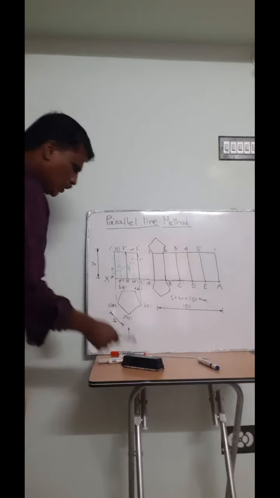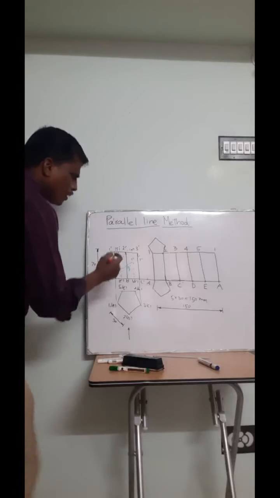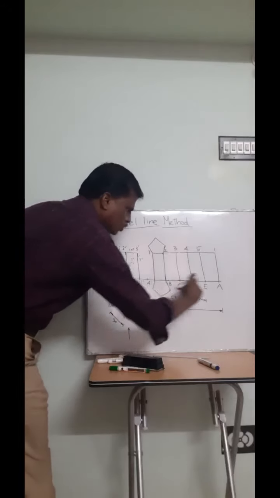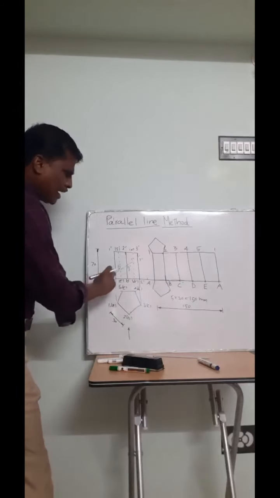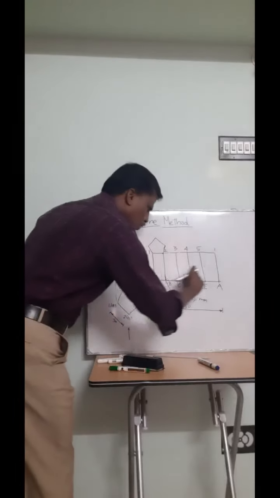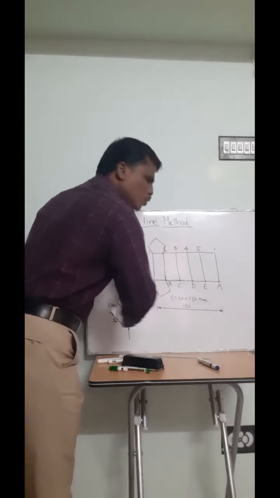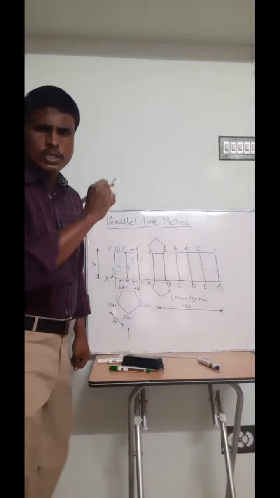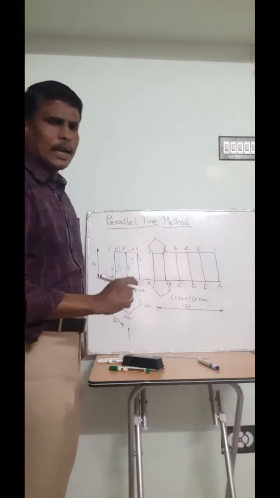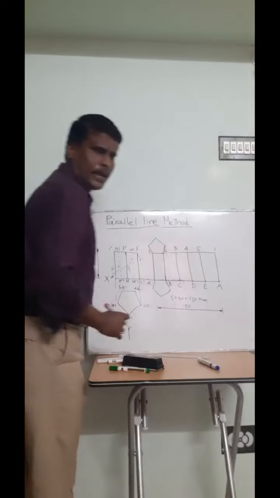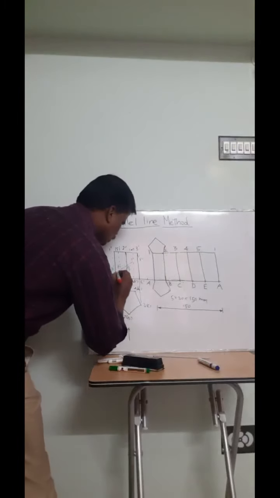So what I have to do is, from P dash draw a line parallel to your XY line. From Q dash draw a line. From R, through all the cutting points, just draw a parallel line, a very thin line, and extend it up to 1A.